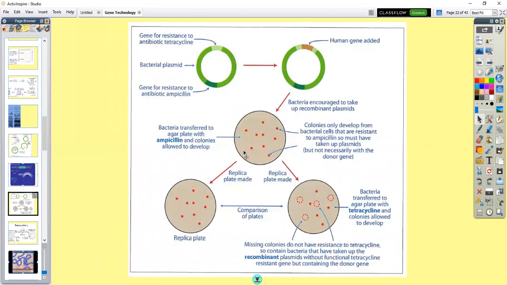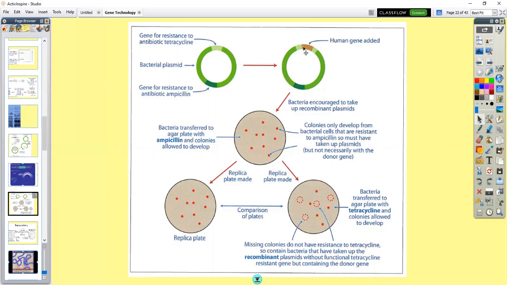Okay, so here they've replica plated this pattern onto another plate which has tetracycline antibiotic on it, and then some of the bacterial colonies will grow. If they do grow, then the tetracycline resistant gene is intact. So it would be one of these. The ones that die off would have this tetracycline resistant gene switched off.